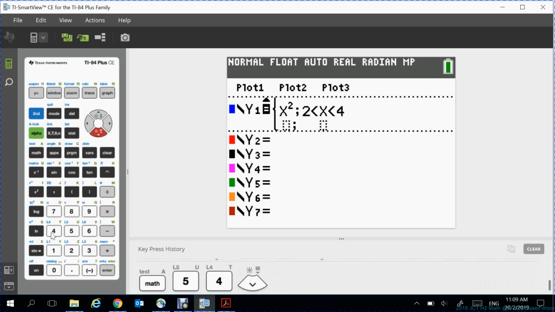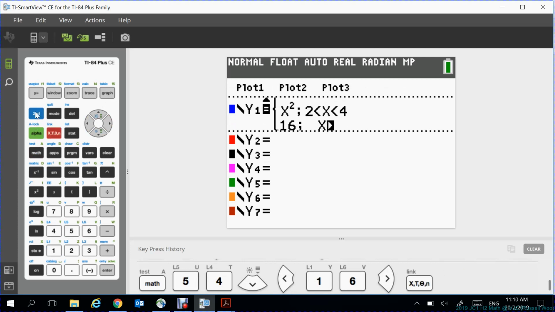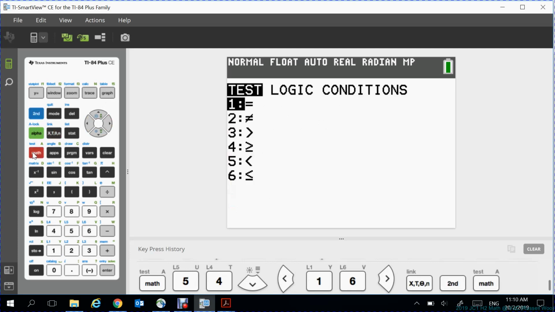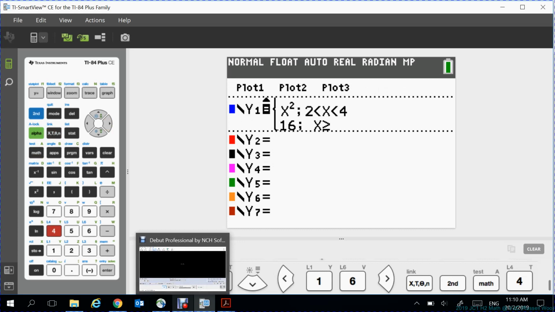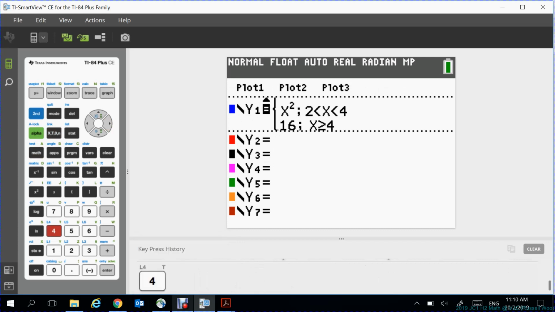Then go down, and last piece you want 16, and you want x, second math. How many of you are lost? Greater than or equal to 4. Now, all got this?